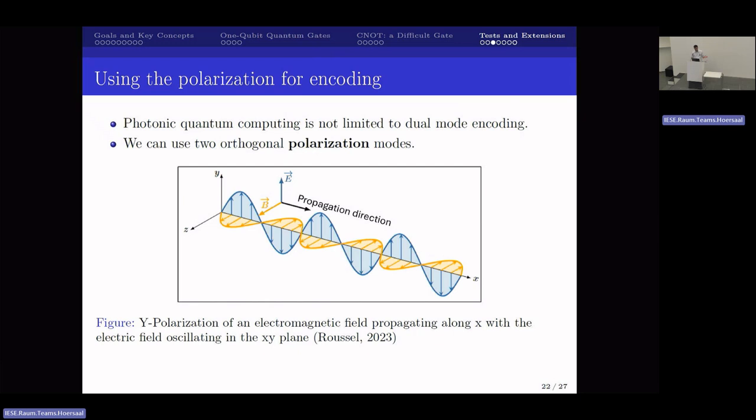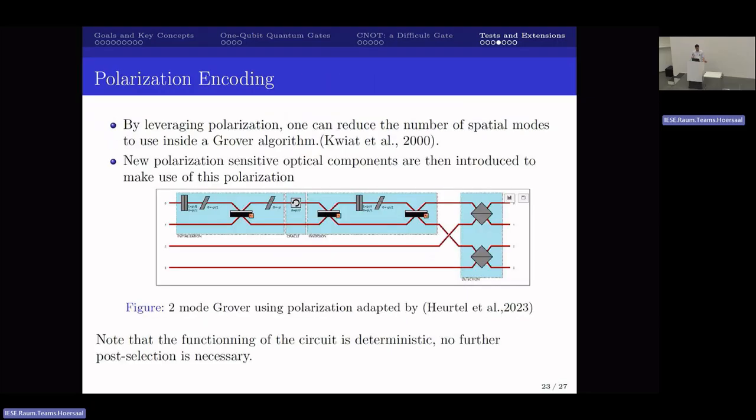For instance, here the vertical position is y, so a photon with the electric field in the y-x plane will have vertical polarization, and one that would be rotated would have a horizontal polarization.